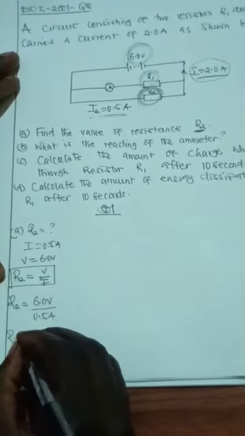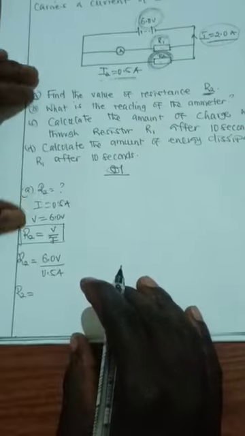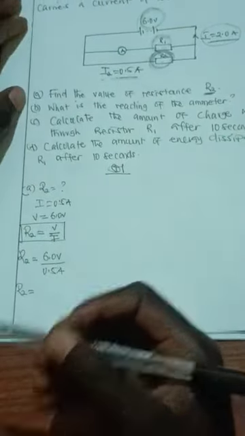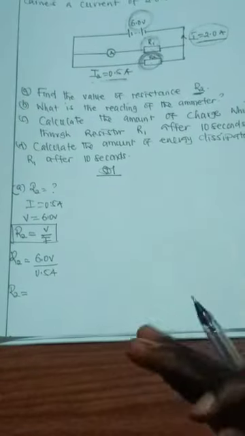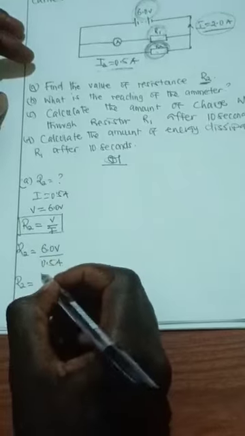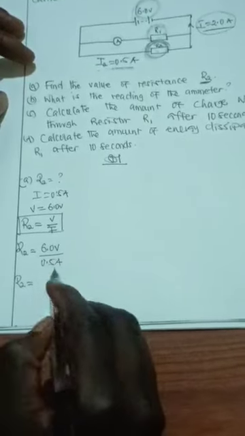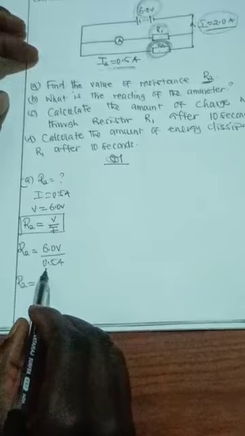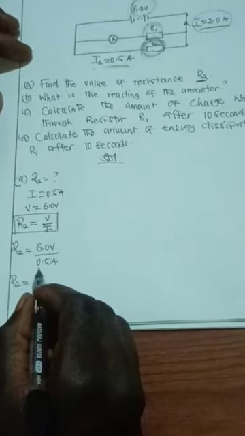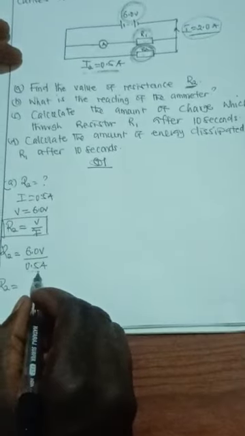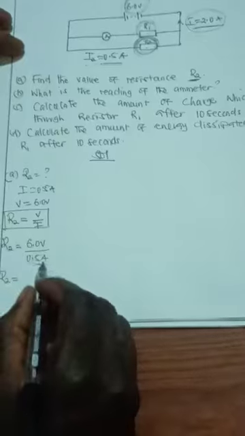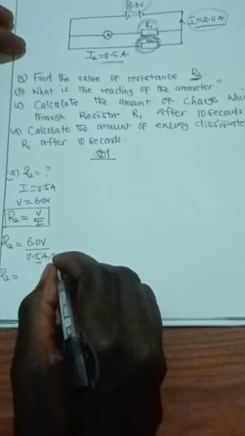Then R2 is equal to V over I. If you do not have a calculator, like I don't have here, we can easily find the value by simply looking at the place value of 0.5. In this case, we have one decimal place, so we have to multiply by 10.